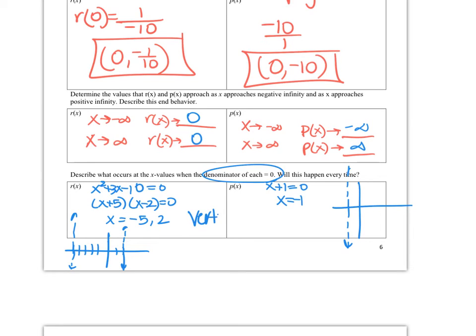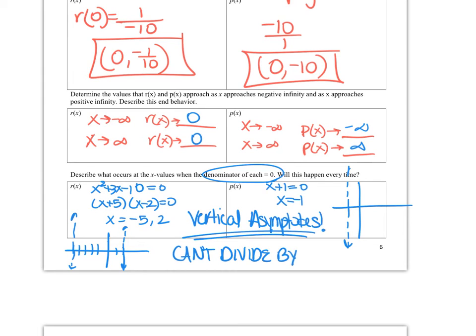So will this happen every time? Yes, and the reason is we can't divide by 0. So if our denominator is ever 0, there will be a vertical asymptote because it will not be defined there.